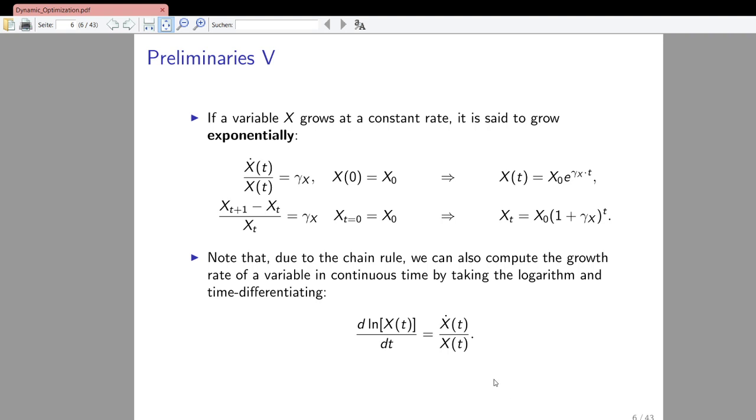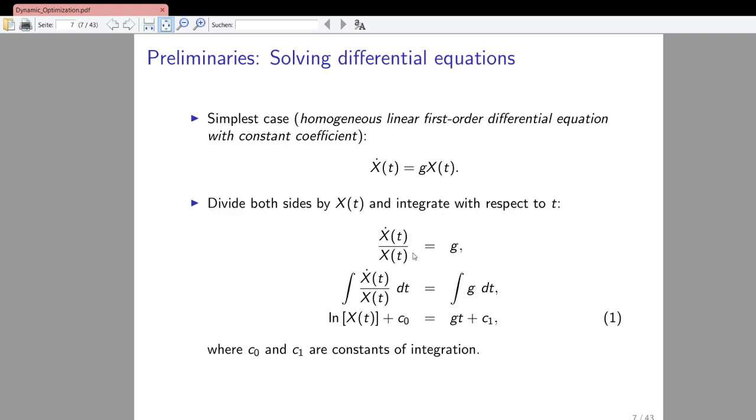But we already know from this expression here that the integral of that must be equal to the logarithm of x, because the integral is basically the inverse of differentiating. So we get here the logarithm of x(t) equals gt plus the integration constant that we denote by C0 on the left-hand side. So C0 and C1 are arbitrary constants of integration.